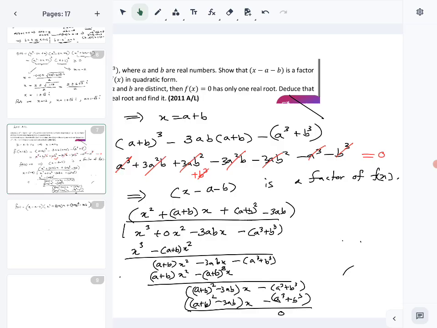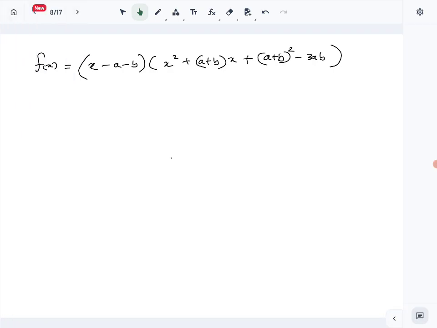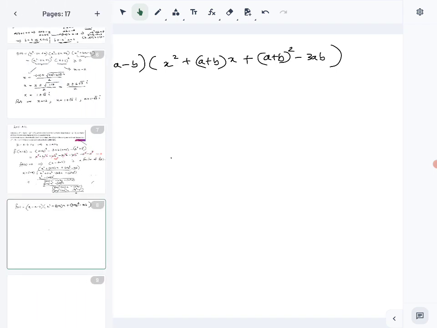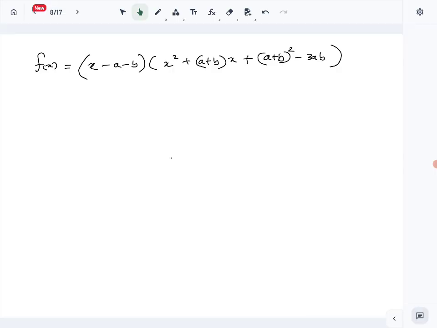What happens? If a and b are equal, what happens?